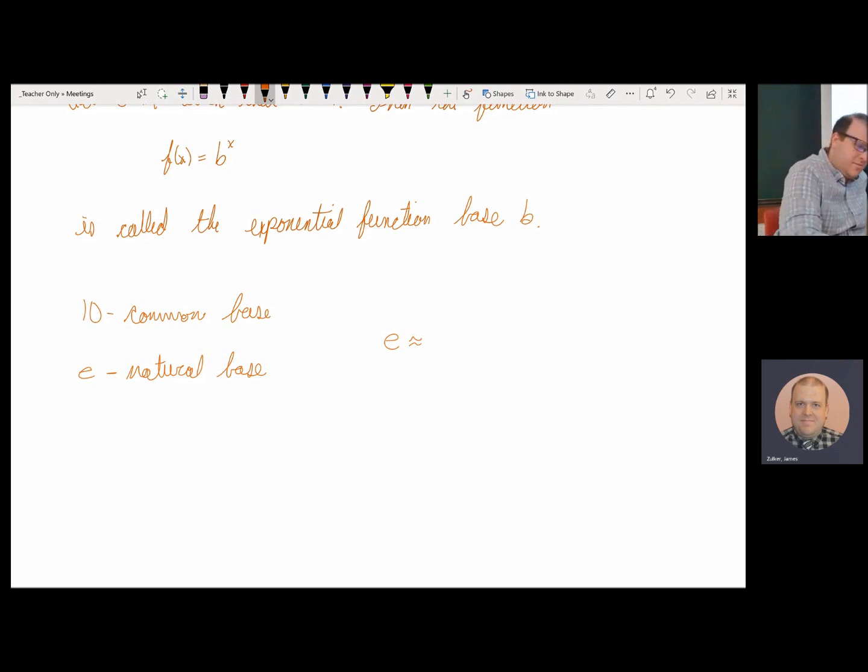There it is. e is about 2.718282. It is an irrational number, approximately.